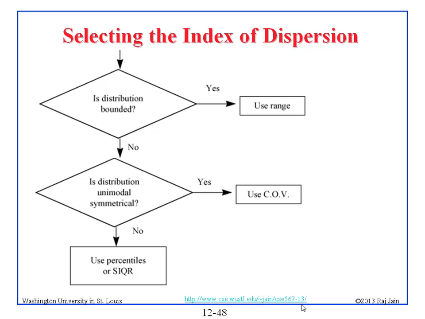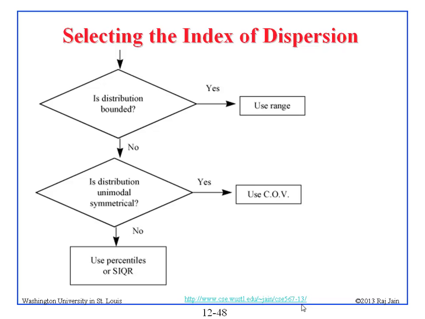So if it is unimodal and symmetrical, so it looks almost like a normal graph, a bell-shaped curve, then you use coefficient of variation. And if it is not symmetrical, that is the problem most of the time. Things are not symmetrical. If they're not symmetrical, then you have to use some kind of percentile or SIQR.